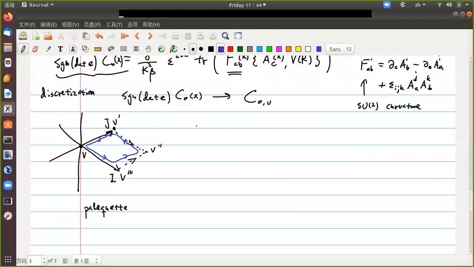More precisely, let me call this loop alpha_ij, because it is a loop determined by the i and j directions. Whenever you have an i direction and a j direction at a vertex, you get a plaquette, and around this plaquette you get this minimal loop. What we usually call alpha_ij is the minimal loop.